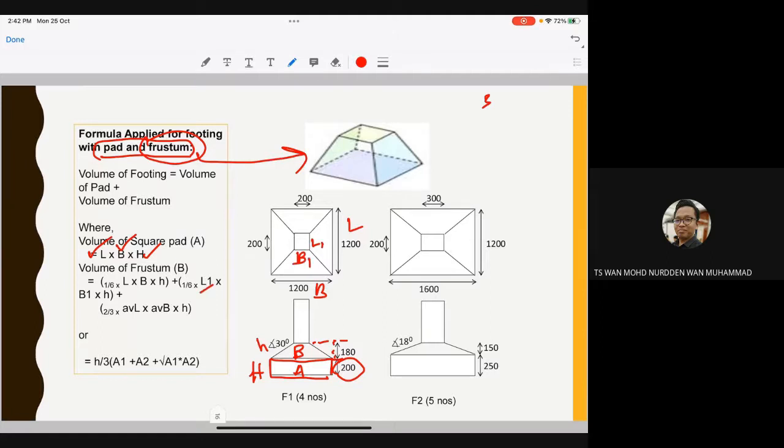Okay, L1 B1 times with H tu this one. Okay, 180. Okay, plus 2/3. Jadi 1/6. Okay, plus 2/3 with the average length times average breadth times height. Apa average tu? Okay, maksudnya si average tu 200.